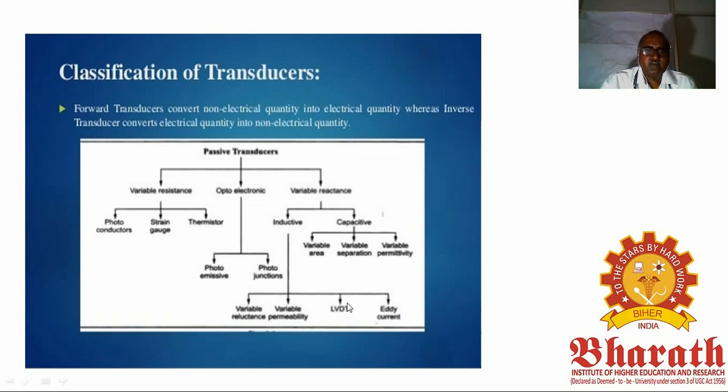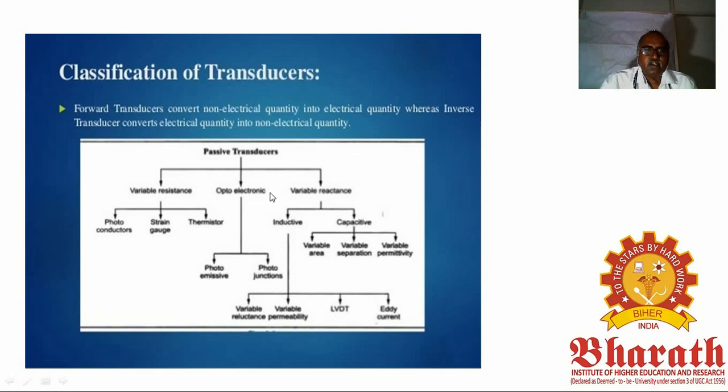The widely used displacement transducer, the linear variable differential transformer, employs the inductive variation, especially the mutual inductance variation. Eddy current is the leakage produced over the core material, which can also be used as an indicator for inductive variation.